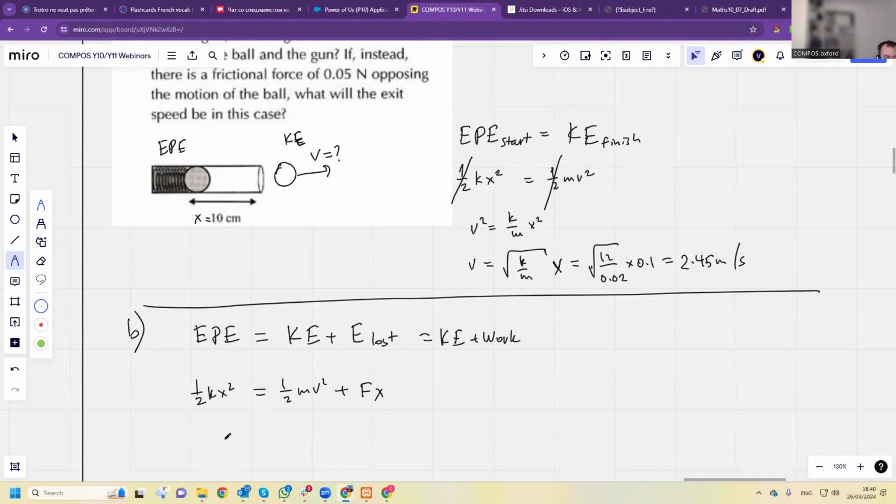So we can work out that v squared is kx squared over m minus 2fx over m. So take the square root. Can you work it out, please?